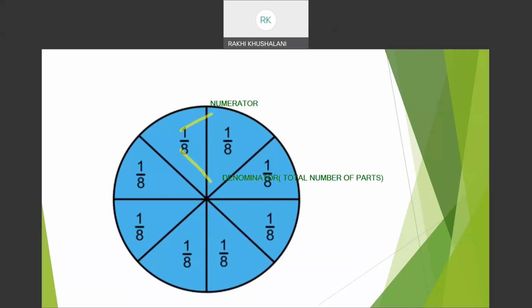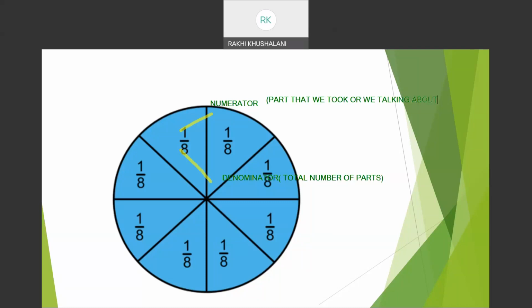This is one whole here. Then how many parts did we make? We made 8 parts. The denominator is going to represent that whole number of parts. And the numerator is going to represent the part of that many total, the part that we took or are talking about.